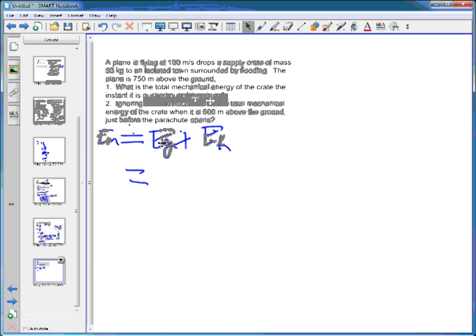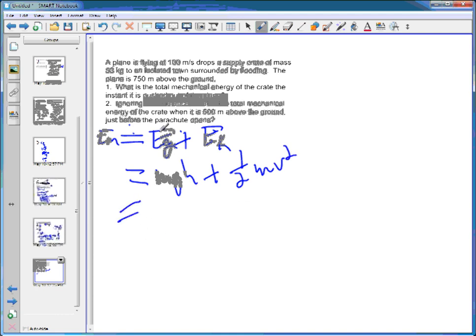Okay, now we can calculate EM. EM equals mgh plus 1/2 mv squared.